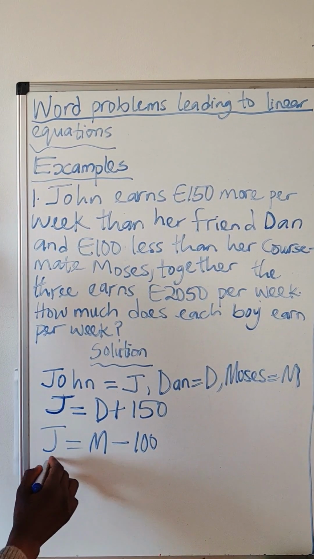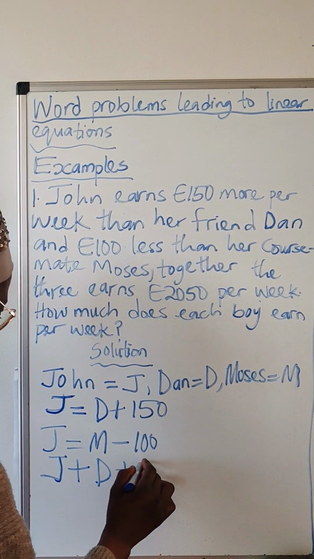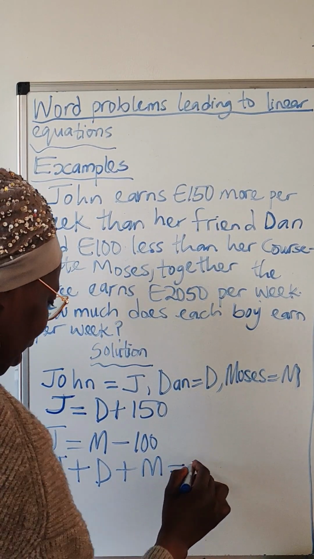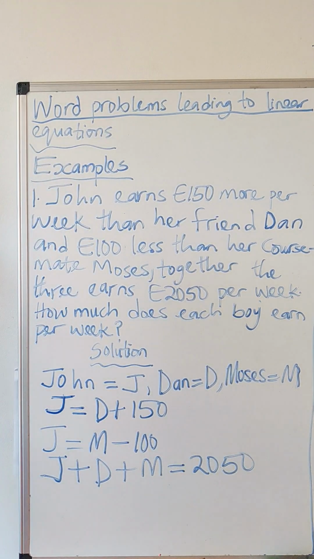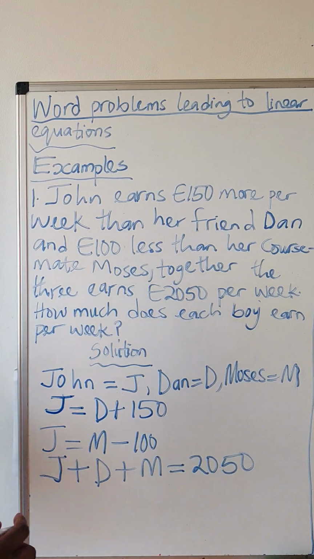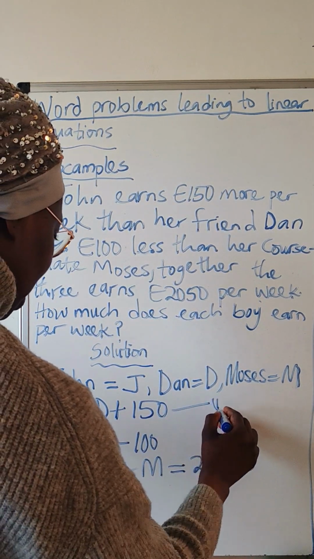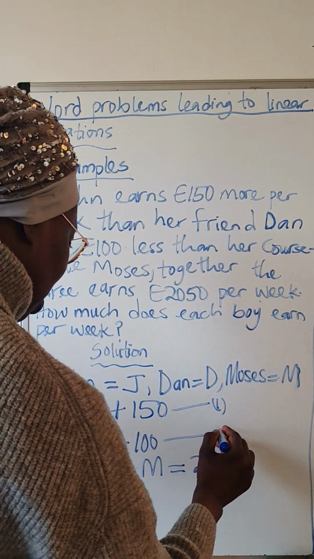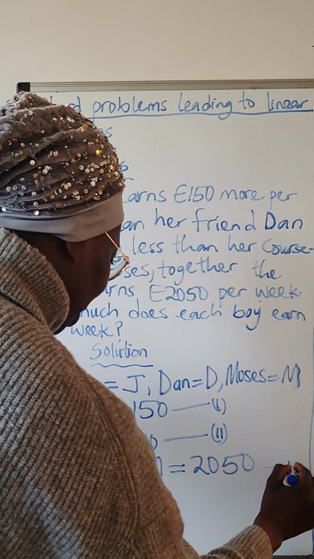So for John, Dan, and Moses together we have J plus D plus M equals £2,050. So we've gotten equation 1, equation 2, and equation 3.